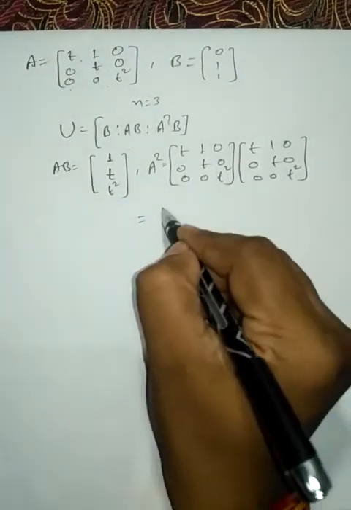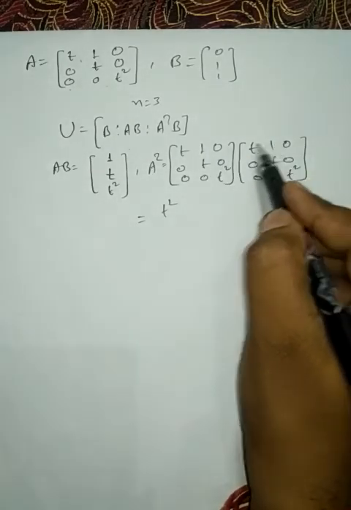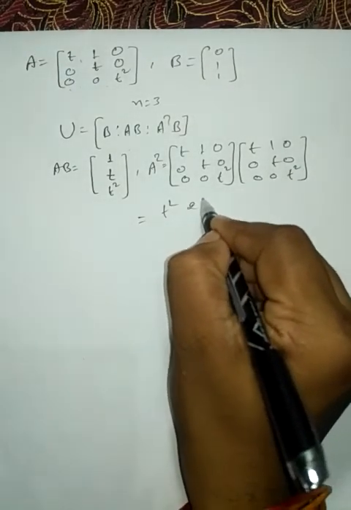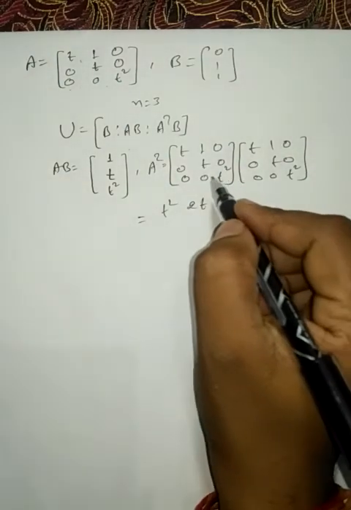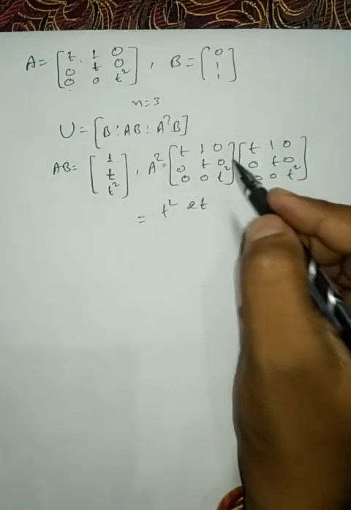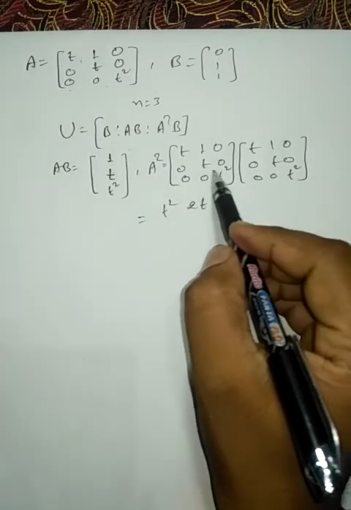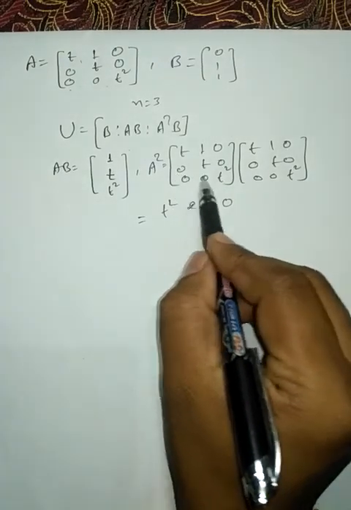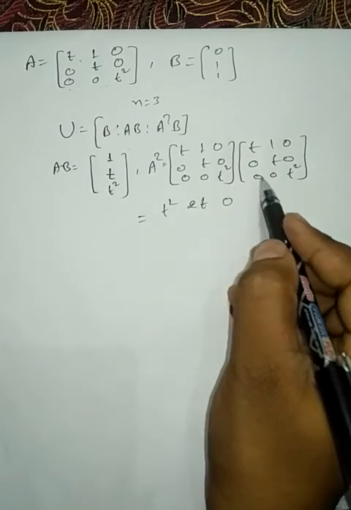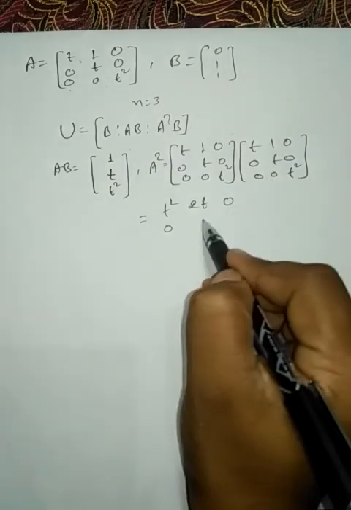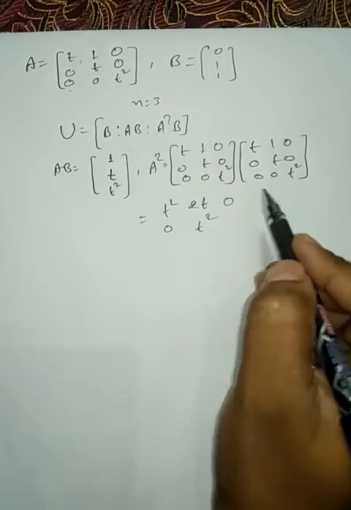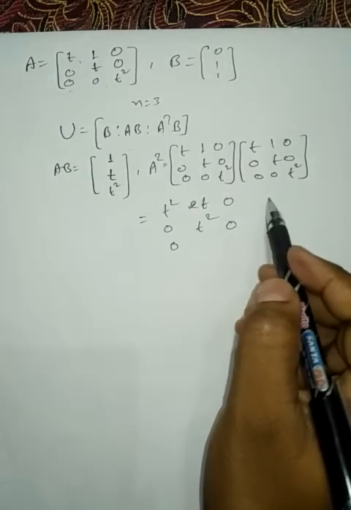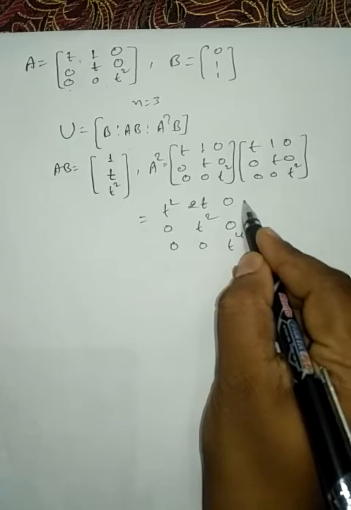We will have T square, T plus T which is 2T, then 0, T square, 0, and 0, 0, T raised to 4.